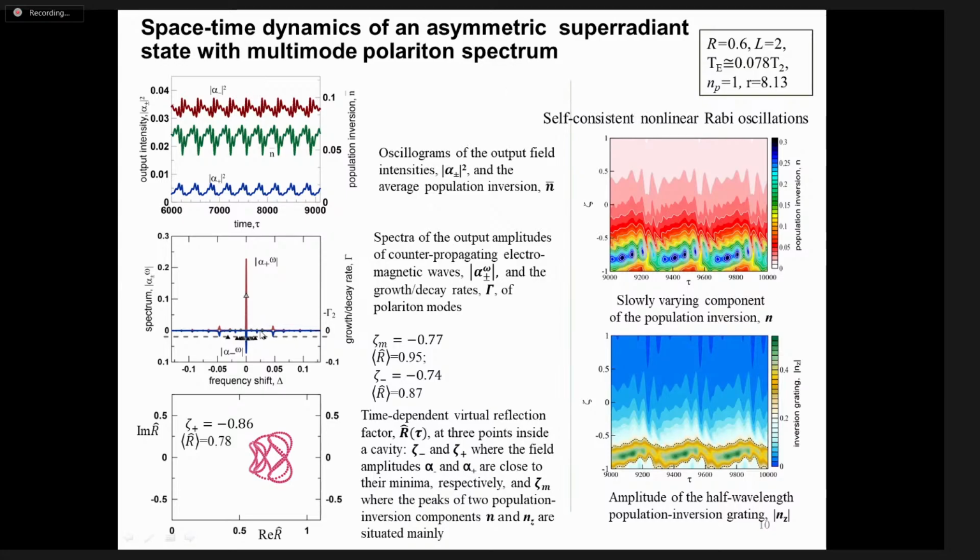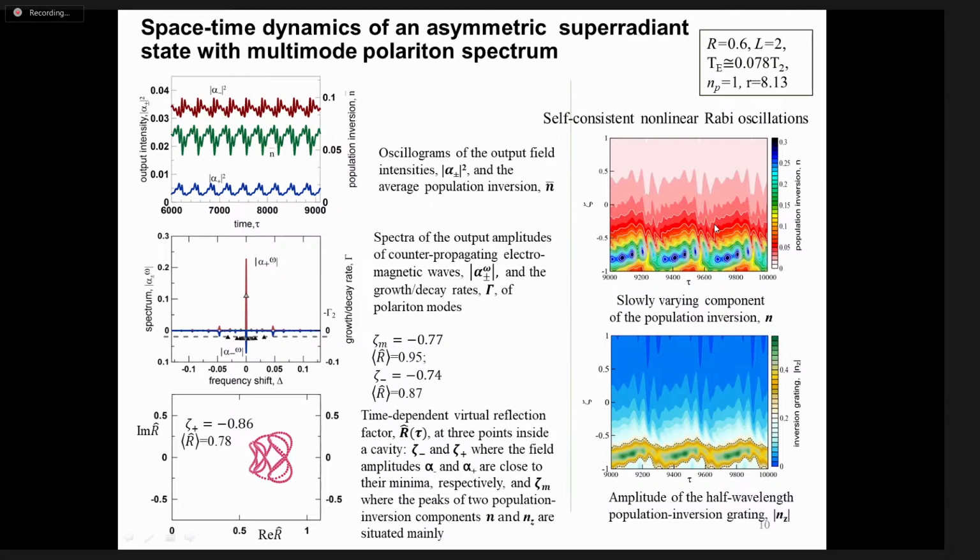There are even 3 or 4 pairs of polariton modes, and the effective reflection on one side of the cavity becomes more complicated. It has more complicated dynamics, but in general, the self-consistent linear Rabi oscillations provide this high reflection factor and strongly asymmetric radiation.